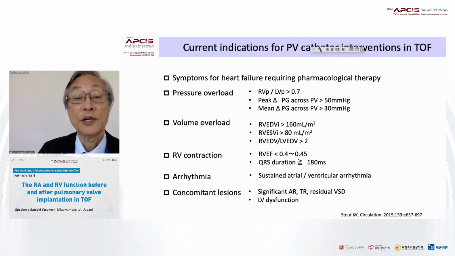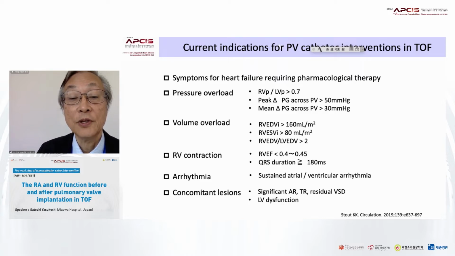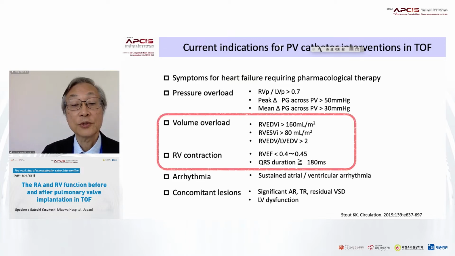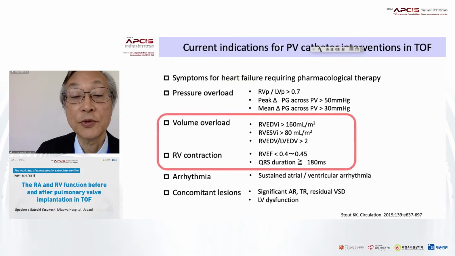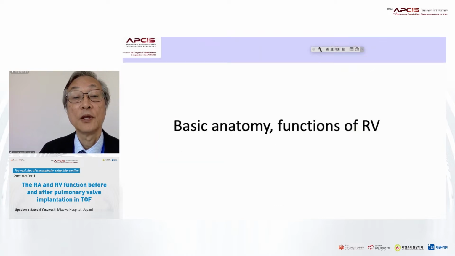Volume overload with RV EDVI more than 160 and RV ESVI more than 80, or RV EDV to LV EDV ratio more than 2, and RV ejection fraction less than 40 to 45%. Also a QRS duration of more than 180 milliseconds.